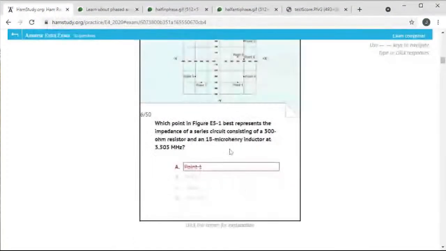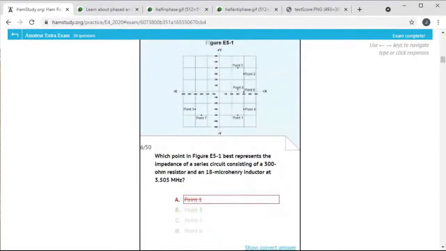Oh, I got that one wrong. Okay, they must have similar questions that go to different points then. So 300 ohm, so 18 microhenry at 3.5 is a positive 400.